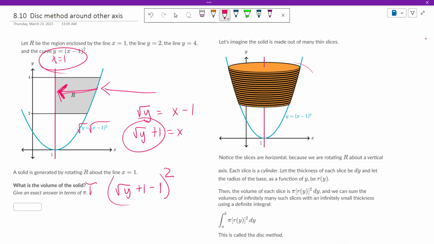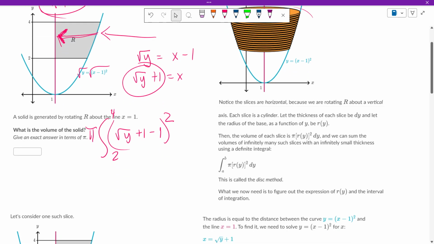Squared, pi times the integral from 2 to 4, pi r squared. Well, what happens on this one, and this one is a super easy one, what's 1 minus 1? 0. So it's the integral of the square root of y, squared, from 2 to 4, which is the integral of y from 2 to 4.